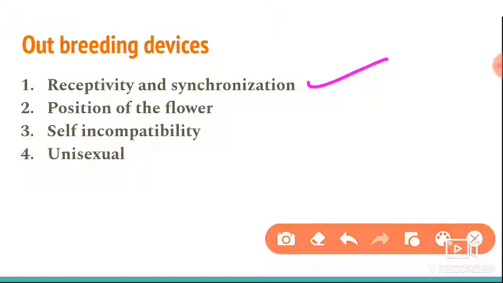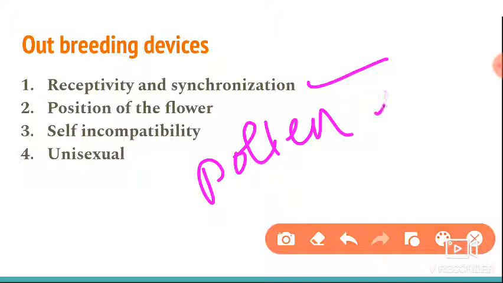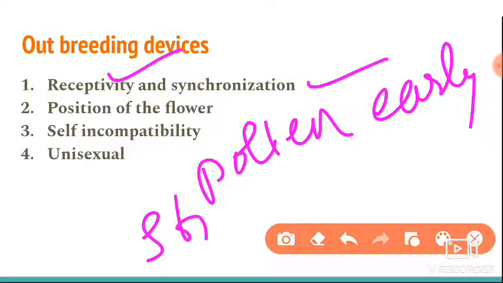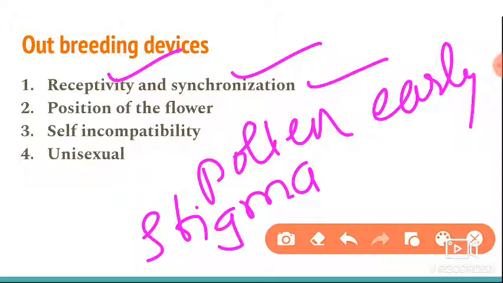Or either the release of the pollen grains is early and the receptivity of the stigma is quite late. It means the maturity time varies here. What we call synchronization, that synchrony will not occur between the pollen grain, anther and the stigma.